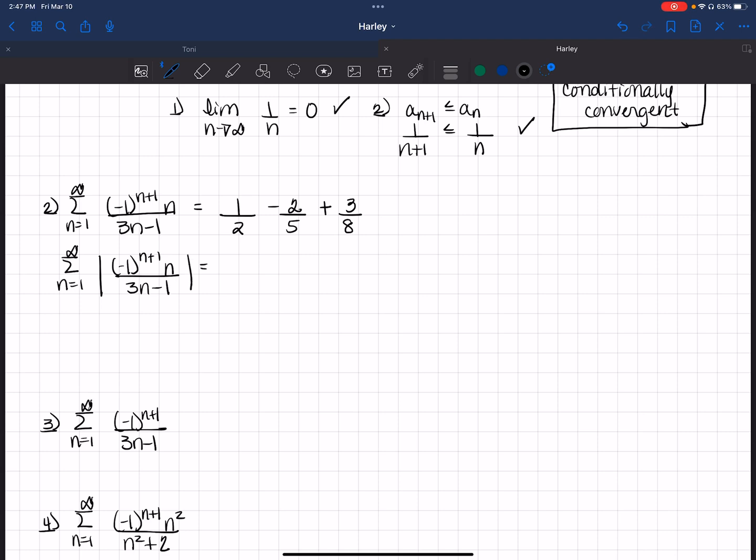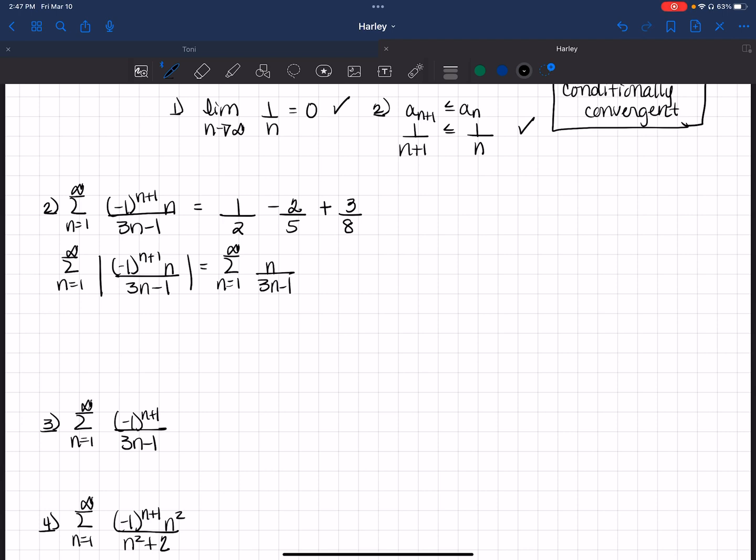Or she is. When I take that absolute value, it's kind of like removing that alternating part, right? Because we're making everything positive. So this is pretty much the same thing as the series n equals 1 to infinity of n over 3n minus 1.